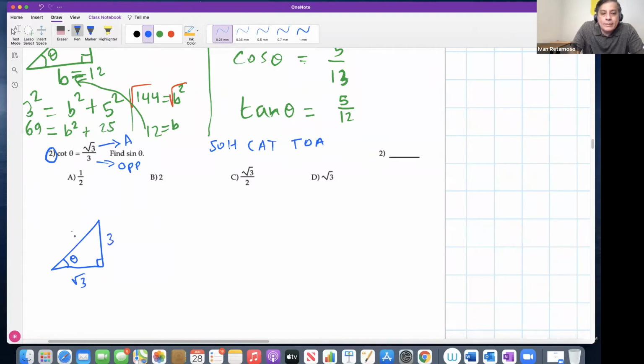So try to work with this triangle, right? There, apply the theorem of Pythagoras and try to see if you can find it. And then once you complete the triangle, we can go ahead and figure out what is sine of theta after rationalizing, right?